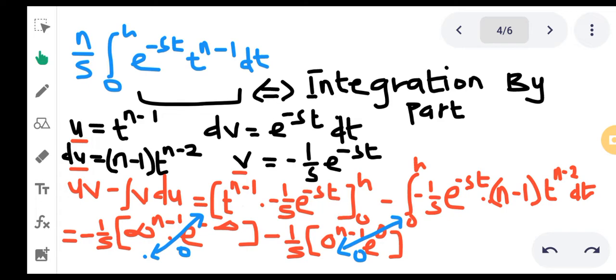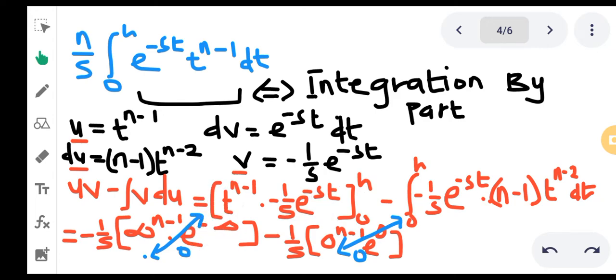Whenever we see t, we place infinity there. So I'm going to get infinity exponent n minus 1 multiplying e exponent minus infinity.